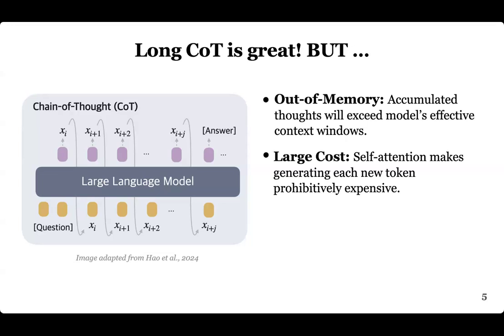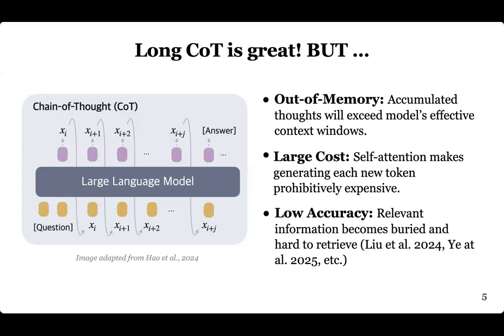Another issue is that when the current sequence is too long, because self-attention takes quadratic complexity, generating each token would be prohibitively expensive.